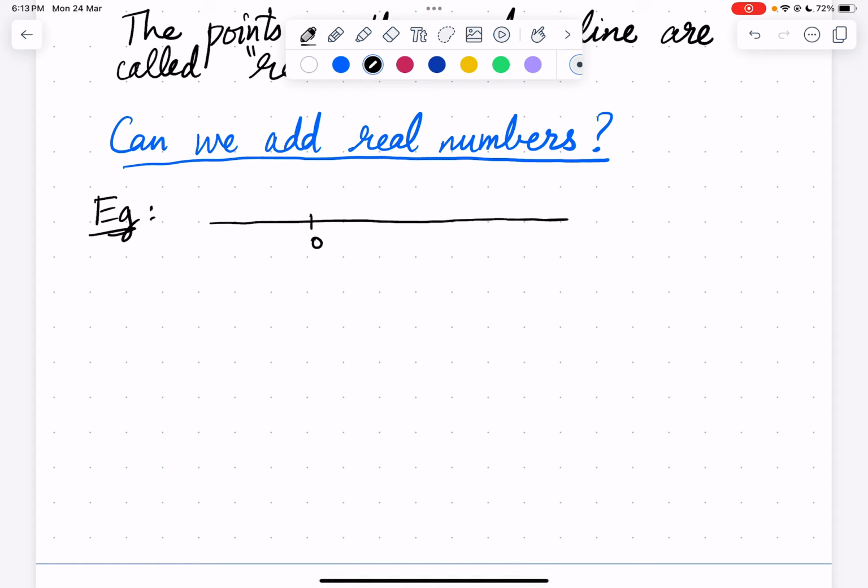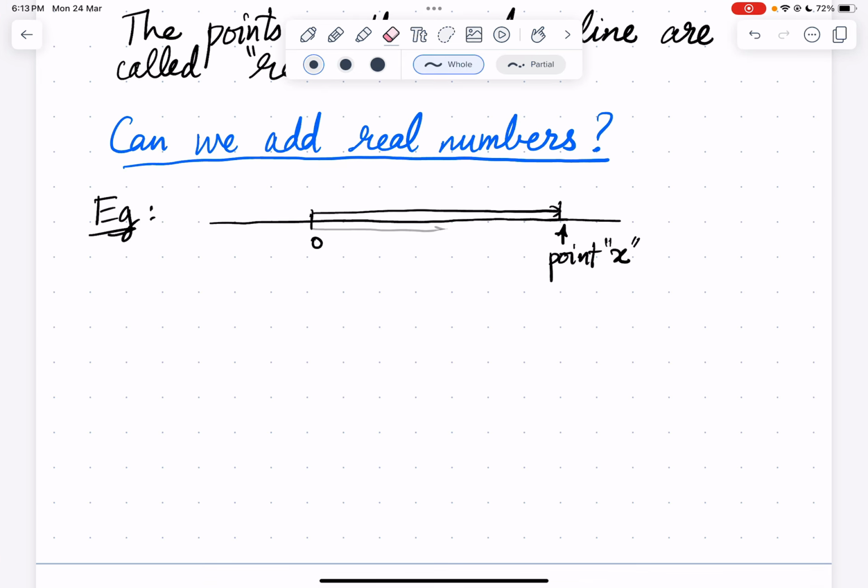Suppose this is point x, and suppose, I'll take a smaller segment, this is point y.